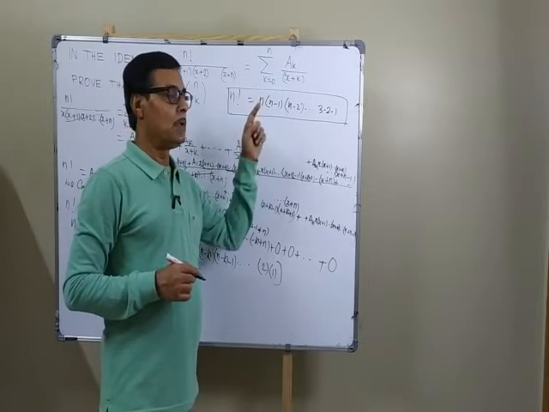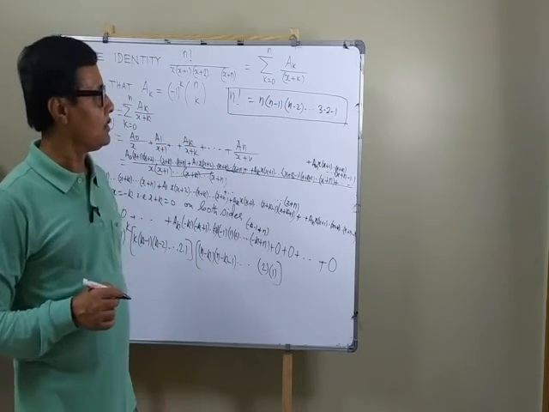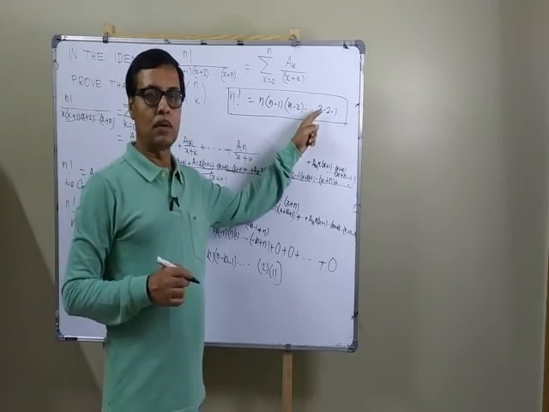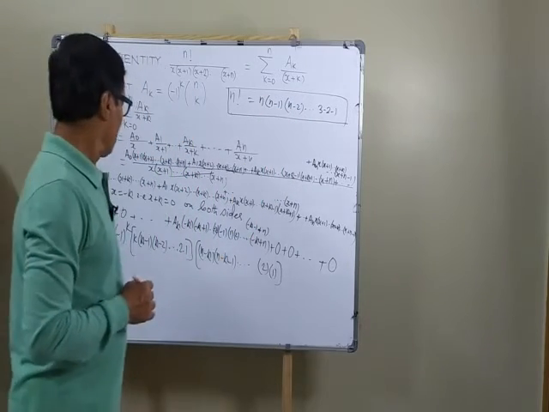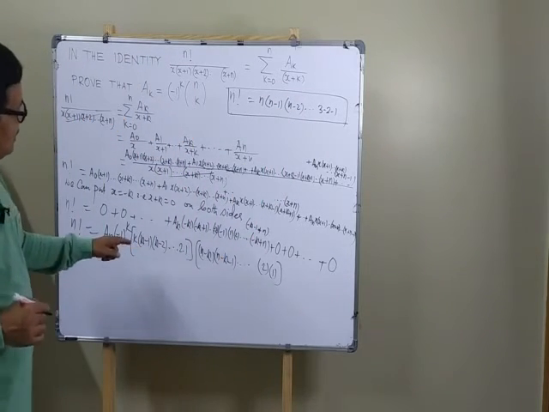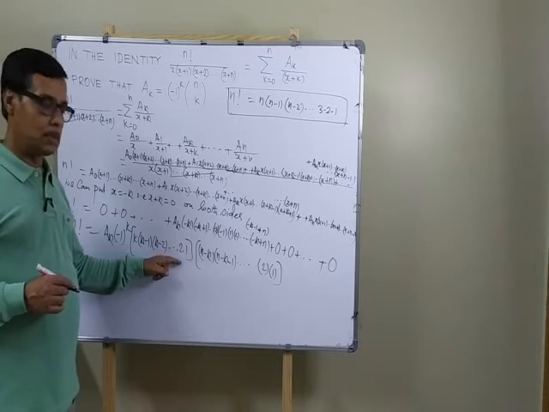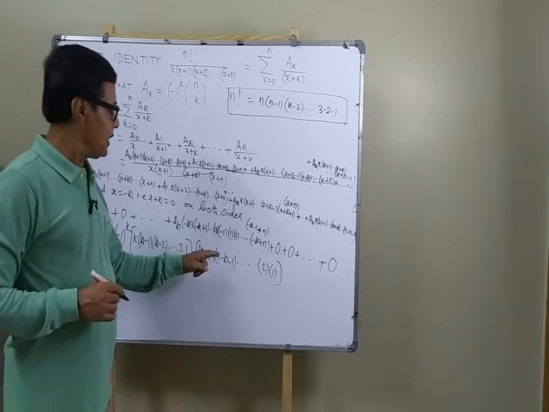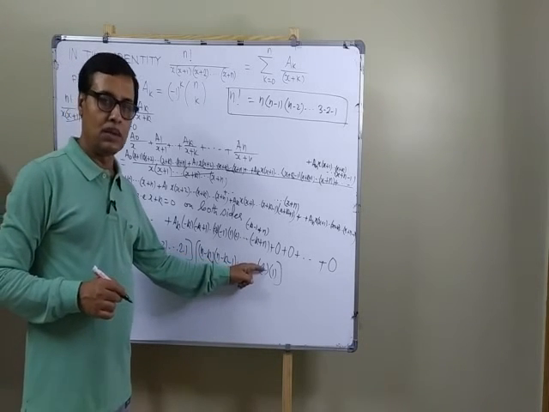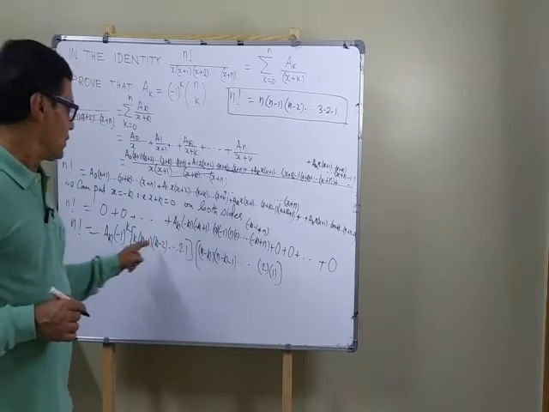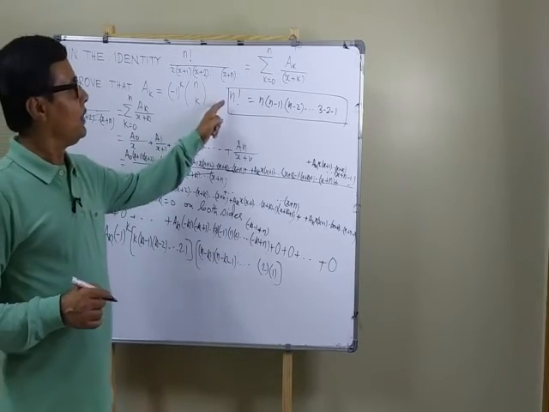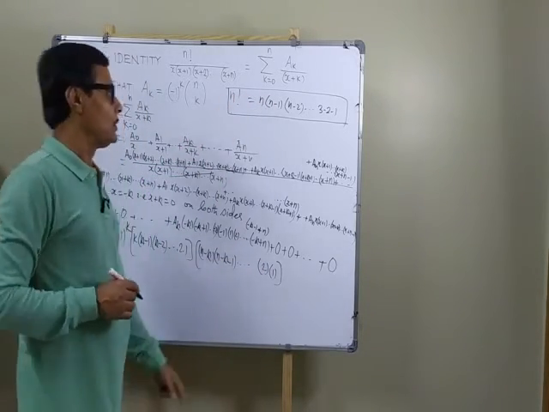So we can write k factorial instead of this, and also n minus k factorial instead of this, because those two obey this rule.